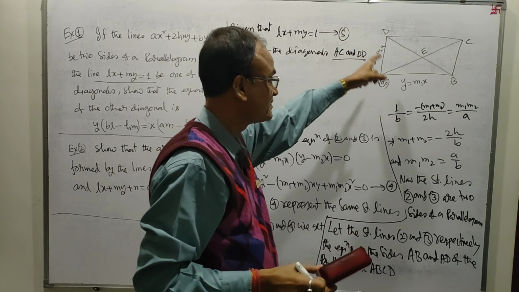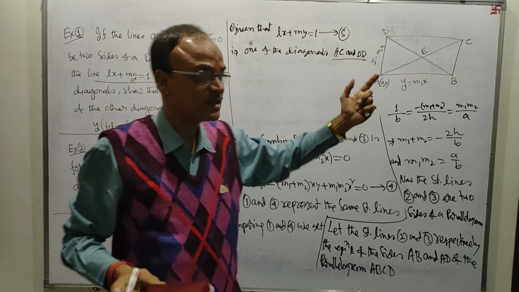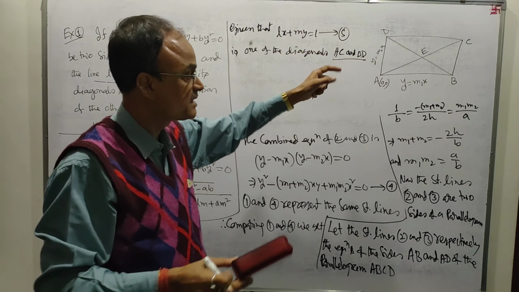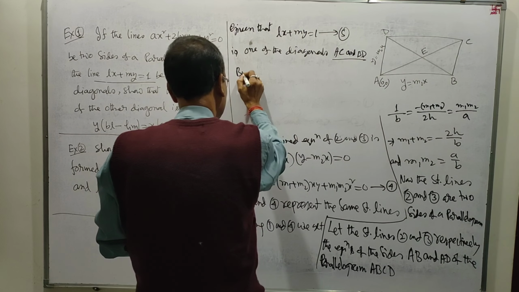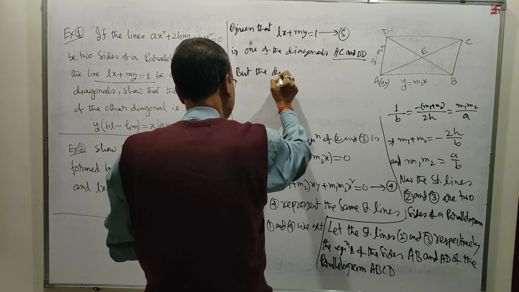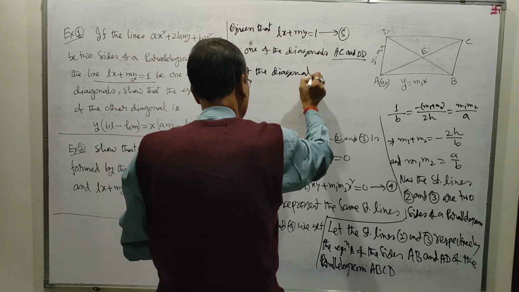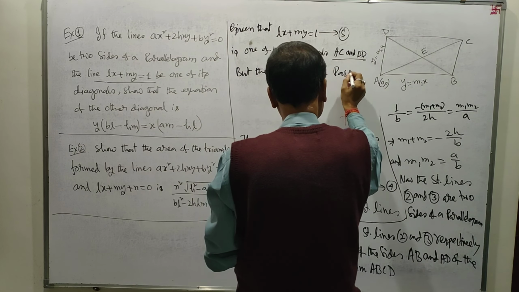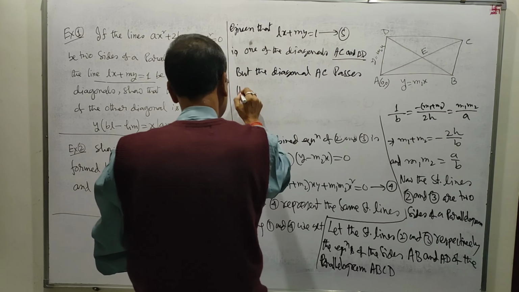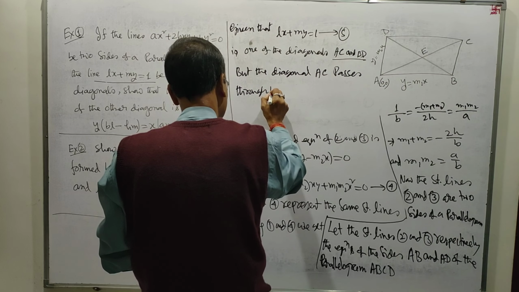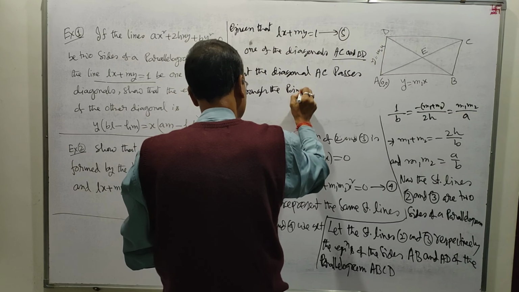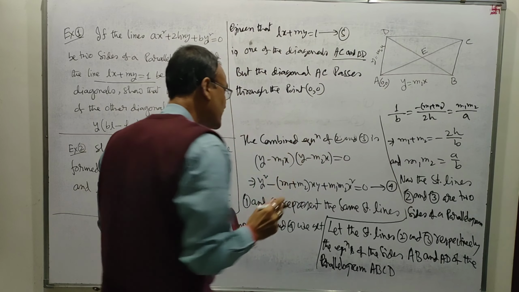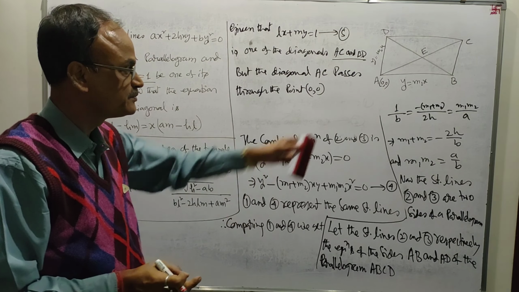But the diagonal AC passes through the point 0, 0.